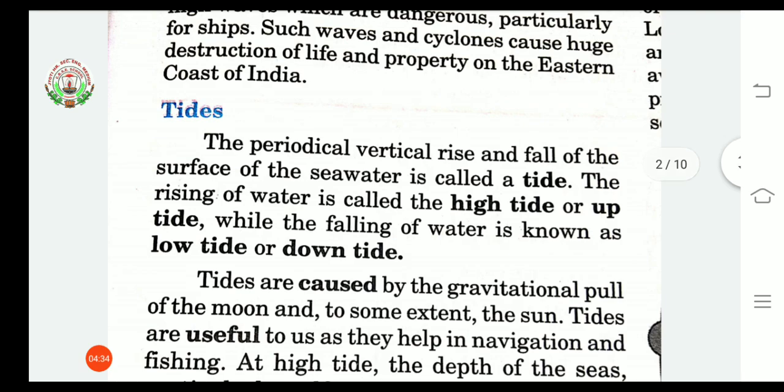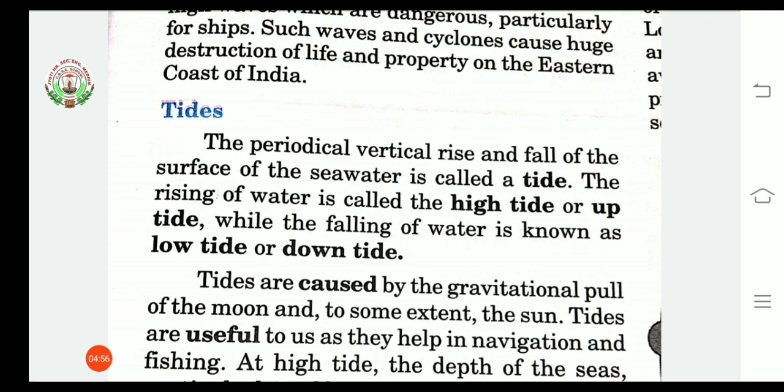Next is tides. Periodical means from time to time or occasionally. So the periodical vertical rise and fall of the surface of the sea water is called tide. In simple words, we can say that the regular rise and fall of sea water is called a tide.